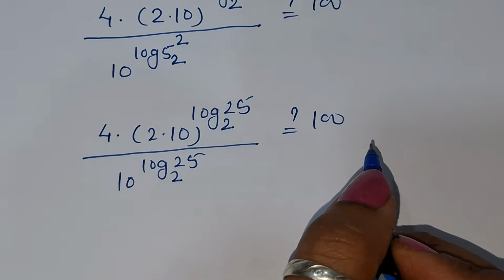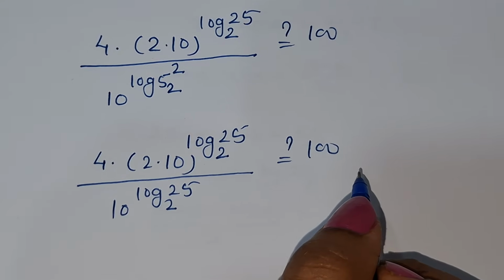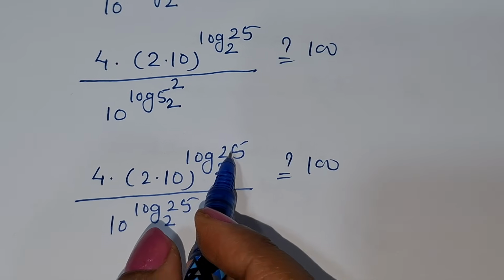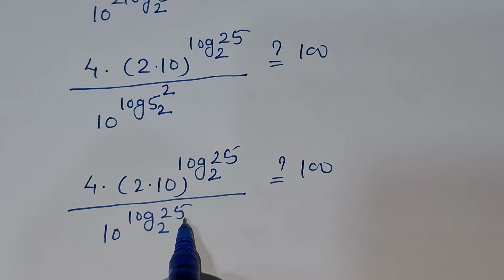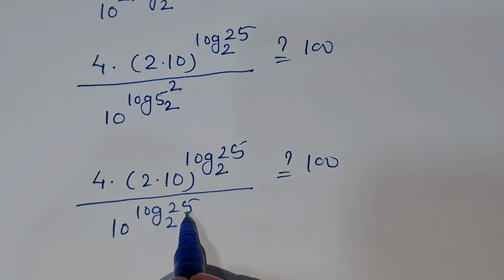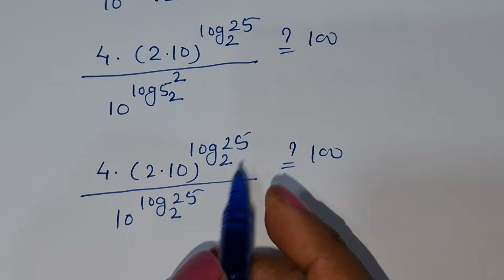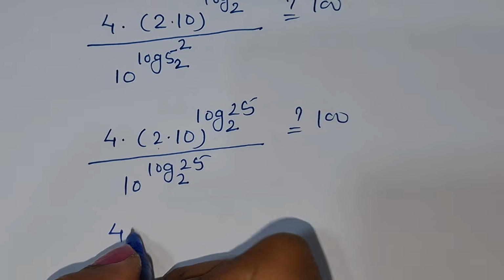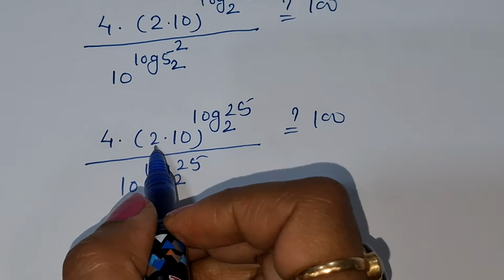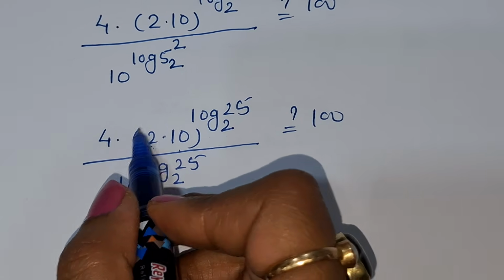Now we can do one thing here. We can write 10 log of 25 to the base 2, and here 10 log of 5 to the base 2, right? It is present in the denominator and the same in the numerator. So first we have to consider this 4 times, and again here 2 times 10 log of 25 to the base 2 for both, right?